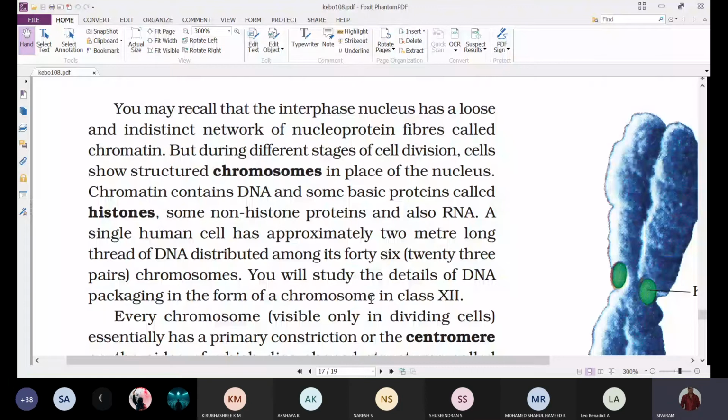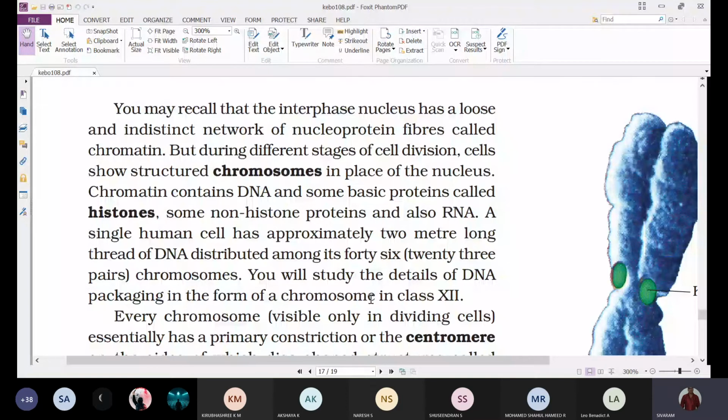But during different stages of cell division, cells show structured chromosomes in place of the nucleus. At the time of cell division, the nuclear membrane disappears, which we'll discuss in detail when we discuss the cell cycle and cell division.